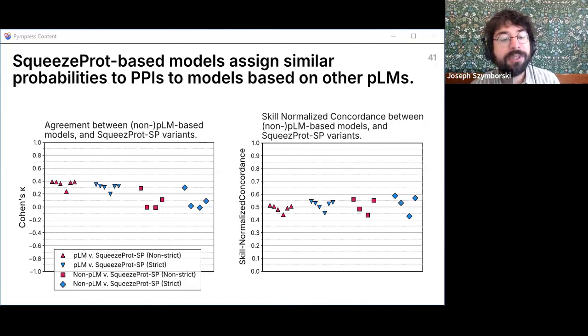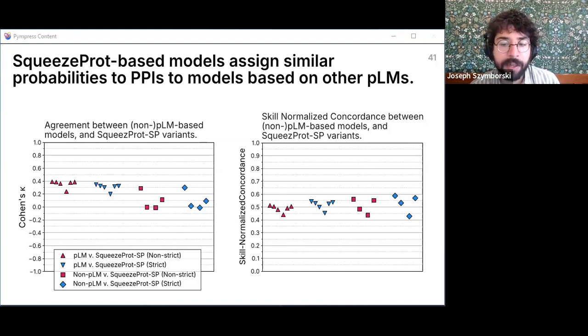We also came up with a measure of concordance between models, which controls for the skill of the model, which we call skill normalized concordance. The reason why we came up with this was because you can see the difference in performance in existing concordance measures like Cohen's kappa.